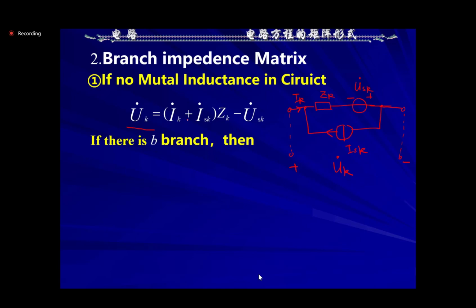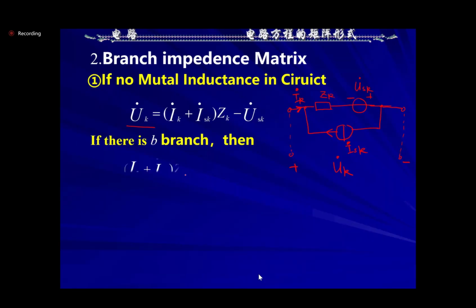The IK means the branch current at this position. ISK means this source, the current source. We define the current source flowing from right to left, so this position is positive. But the voltage source is left side negative, right side positive, so this position is negative. So this uses the branch current to express the branch voltage.